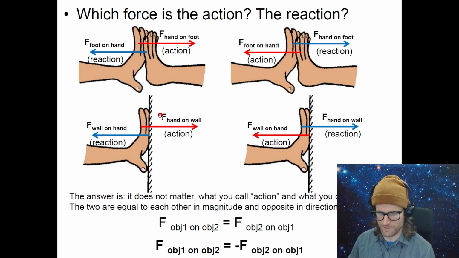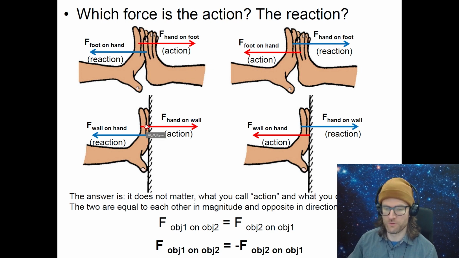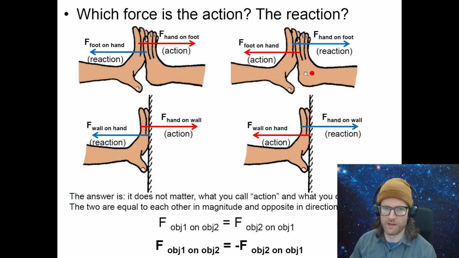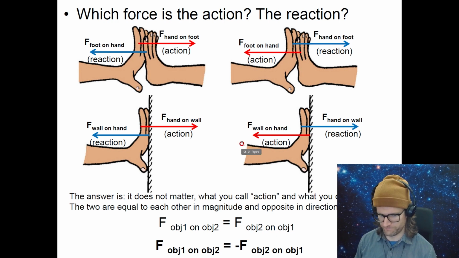If it's a hand pushing against the wall, then the hand feels a push from the wall, and the wall feels a push from the hand. I'm not sure why there's two pictures here. I think this is saying we can swap the action and reaction forces. The label is not important. Which one you call the action, which one you call the reaction, they're always equal and opposite and on two different objects.